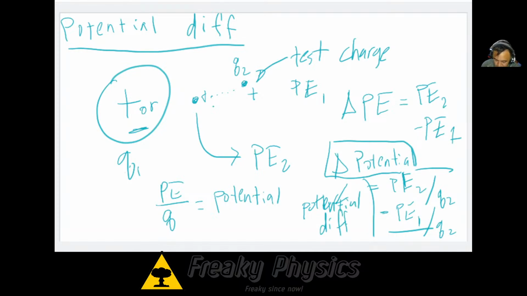As we said before, potential difference is measured in volts, because 1 volt is equal to 1 joule per coulomb.